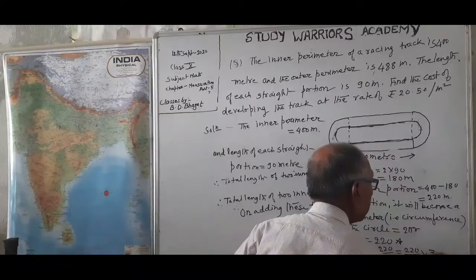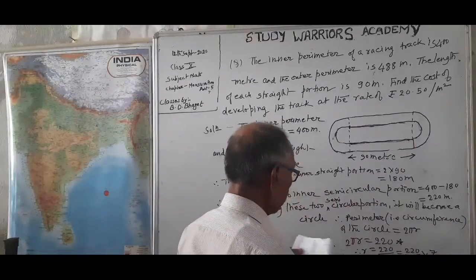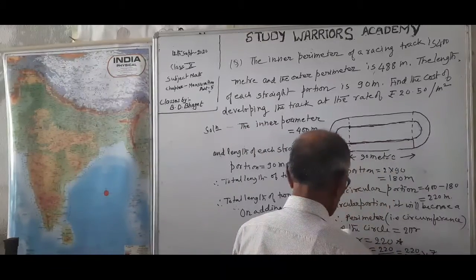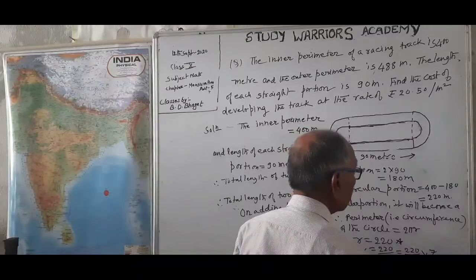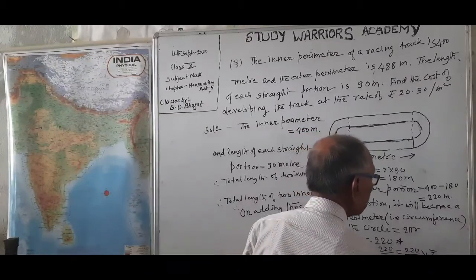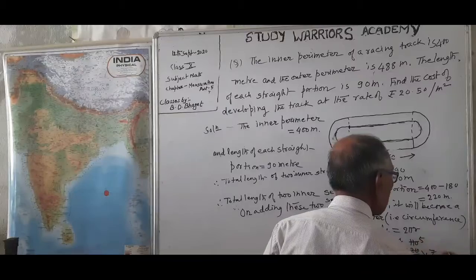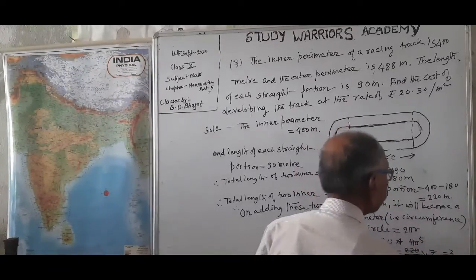here 7 by 22 reverse. So this will be, after doing calculation, equal to 35 meter.